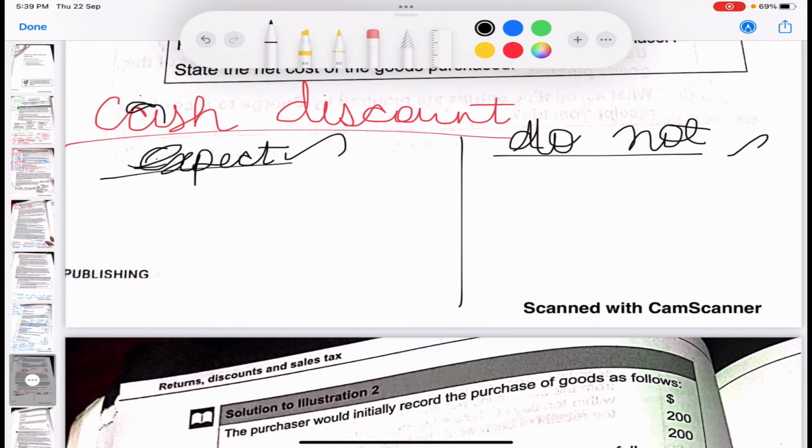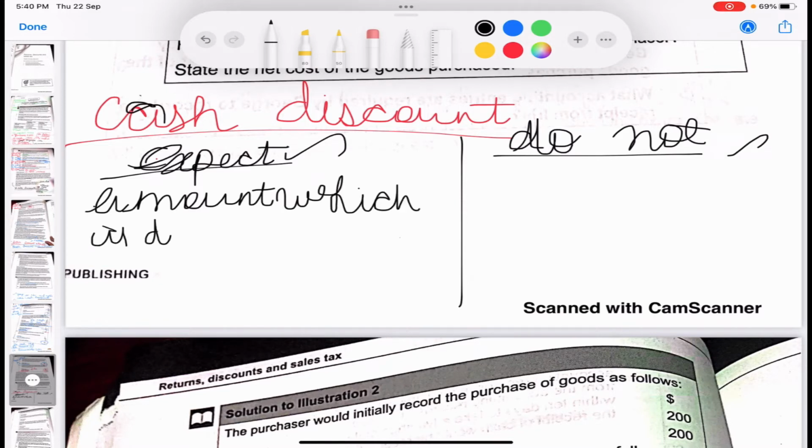When a person is taking the cash discount, you know what the list price will be. So the list price will already be subtracted. The amount which is due is going to be, let's say, XYZ.